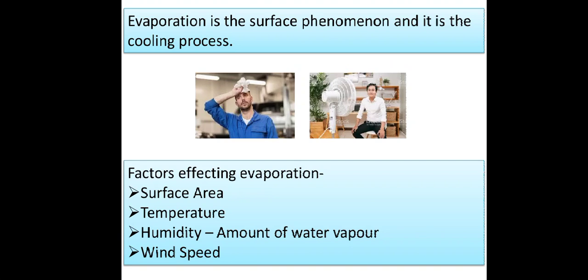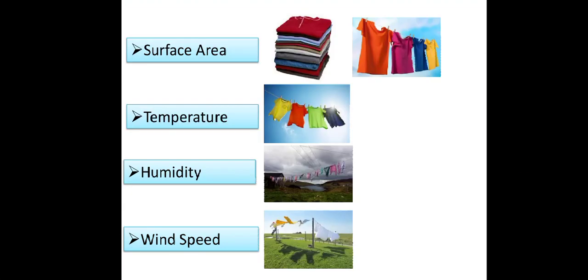The rate of evaporation depends on 4 factors: surface area, temperature, humidity, and wind speed. In the picture related to surface area, you can see a stack of clothes as well as clothes spread and dried on a rope. In the stack of clothes, we have less surface area, while clothes on a rope have more surface area.